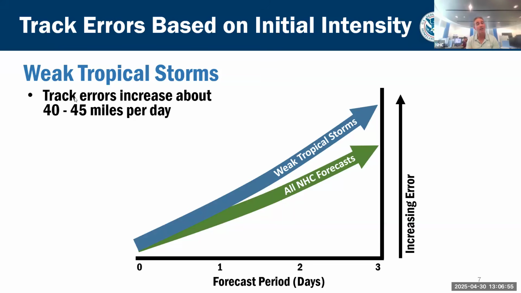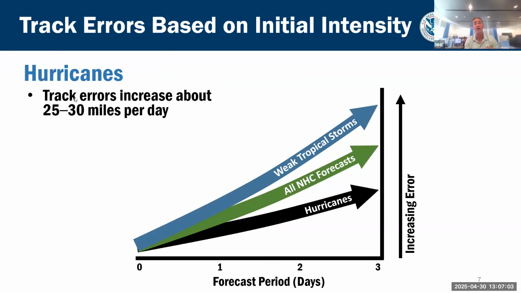Our average track errors for that subset of storms is a little bigger, around 40 to 45 miles per day. Conversely, if you look at the storms like hurricanes, especially major hurricanes, they are more predictable in terms of where they're going to go. The average error is lower at about 25 to 30 miles per day.